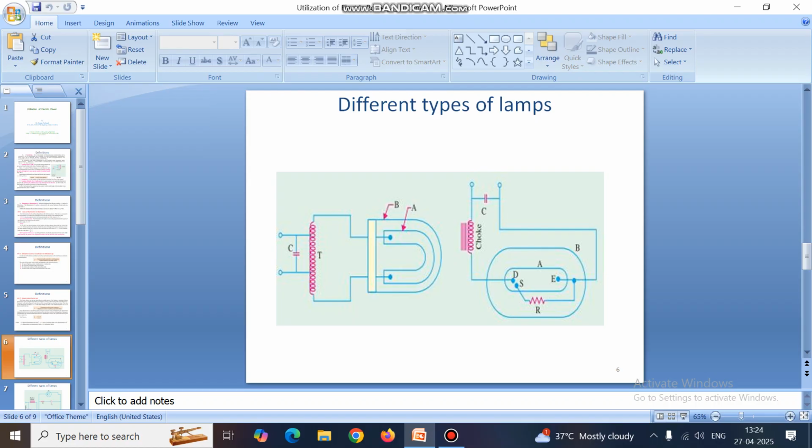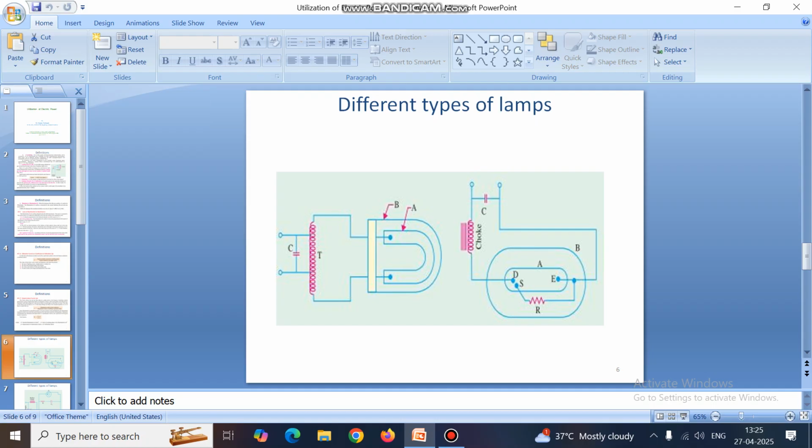The voltage is increased with the help of this choke. At the starting, dielectric breakdown of the gas has not occurred. At that stage, dielectric breakdown occurs between D and S, and then current flows through this resistance.